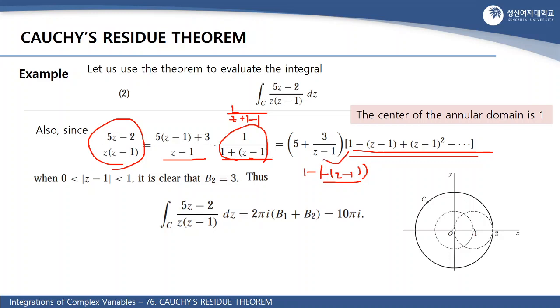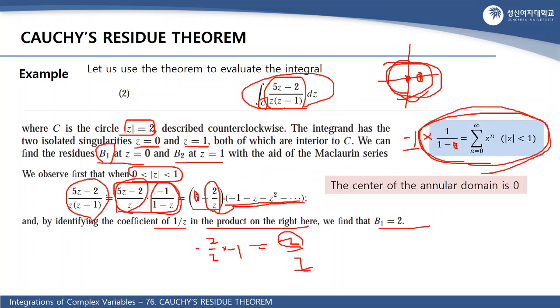We multiply these two terms, then we get this 3 over (z minus 1), which has the coefficient 3, which is exactly B2, what we want to compute.